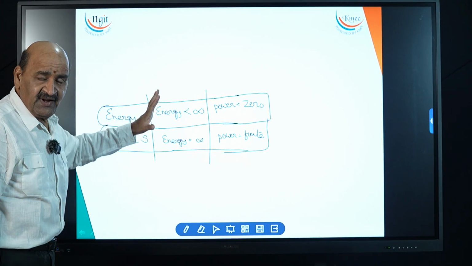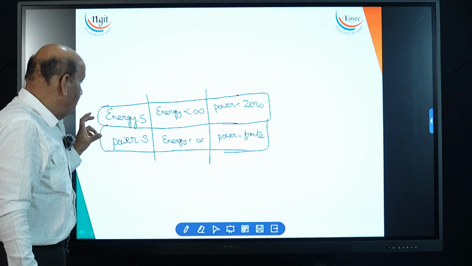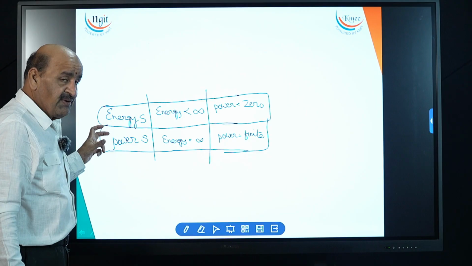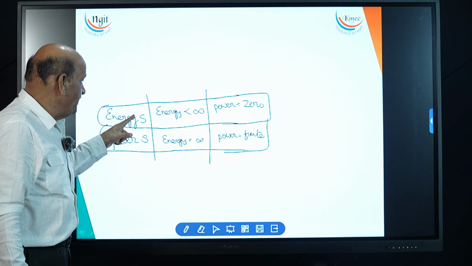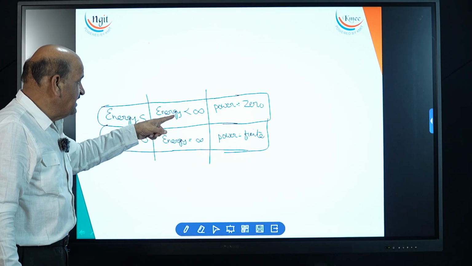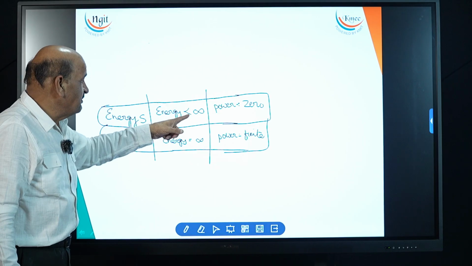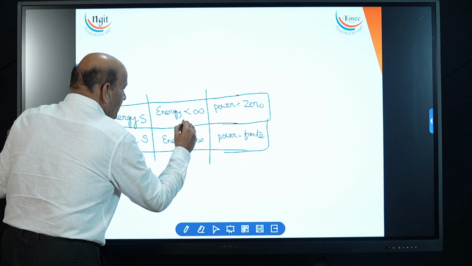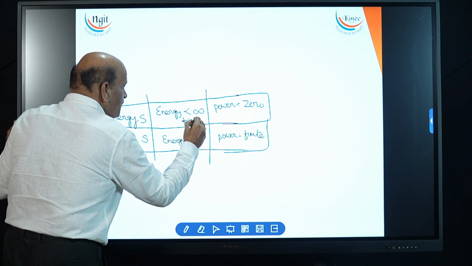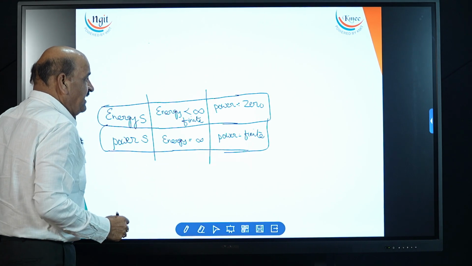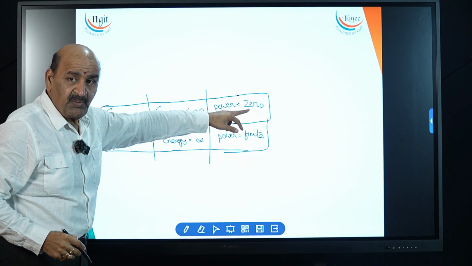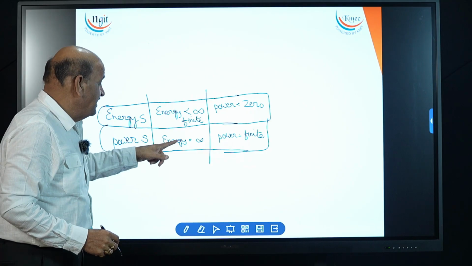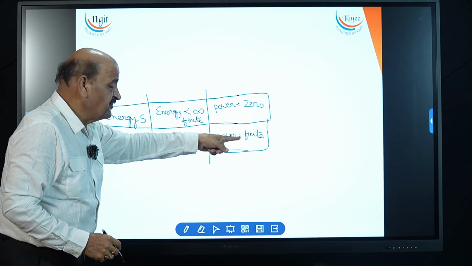Again, a signal is said to be an energy signal if its energy is less than infinity, that means finite energy and 0 power. A signal is said to be a power signal if energy is infinite and power is finite.